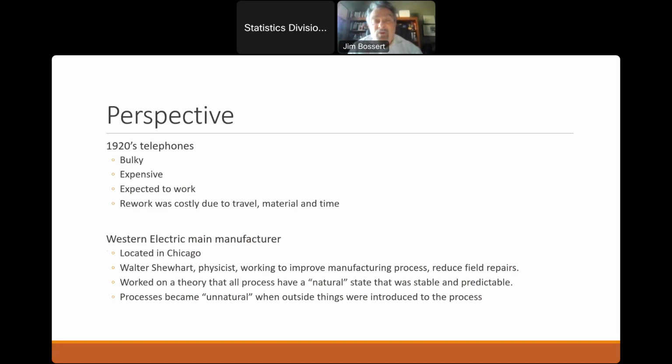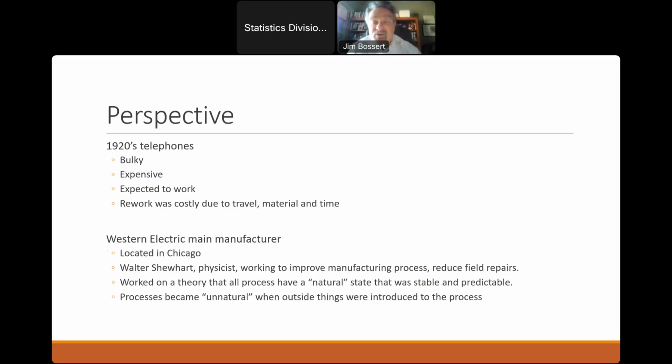But also, rework was extremely costly, partly because you had a lot of travel, materials, and time. There weren't that many telephone manufacturers back in the 1920s, and so if you had something that had to be repaired, they either had to send a repair person to your location or ship it back to the main location.